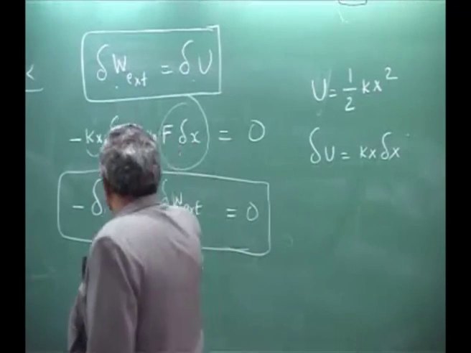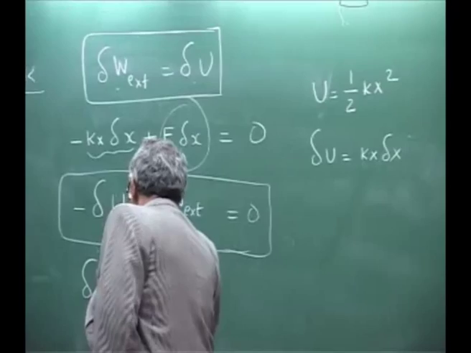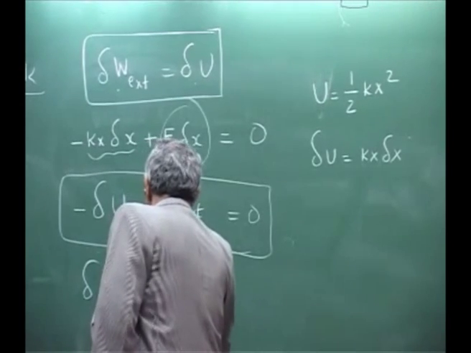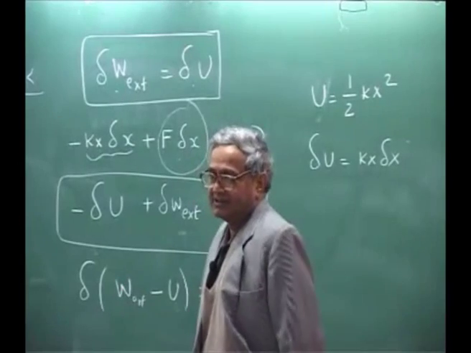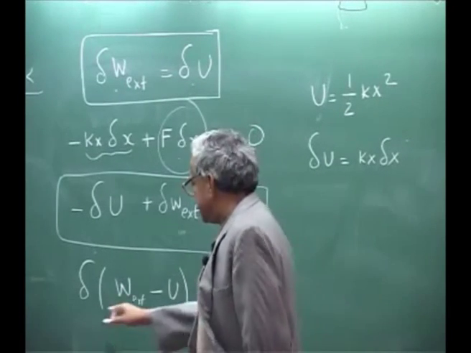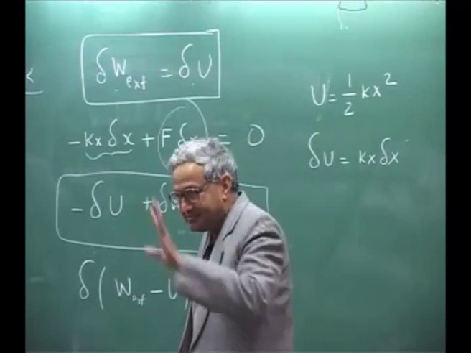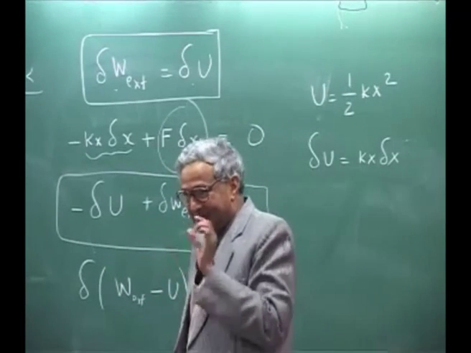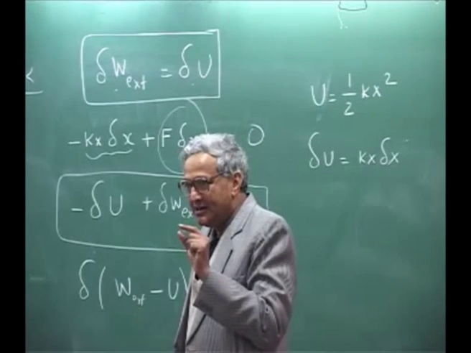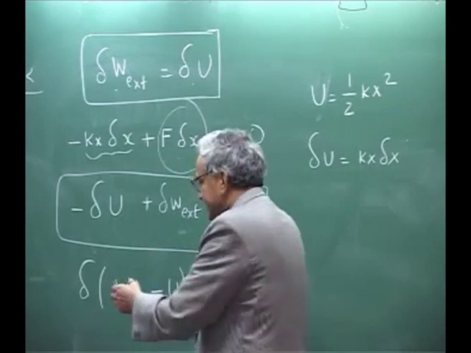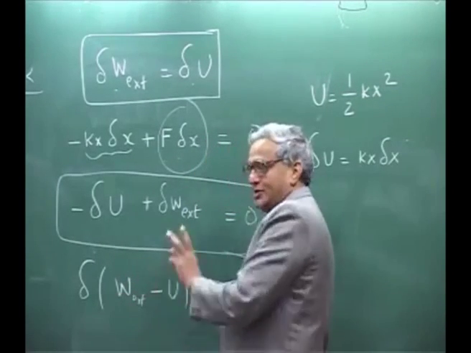Another form is you can write it as delta of minus U. This is another form of writing. This delta, you take it as something like a first derivative, even though it is not exactly a first derivative. Please understand, it is a virtual displacement. This is the variation due to a virtual displacement.